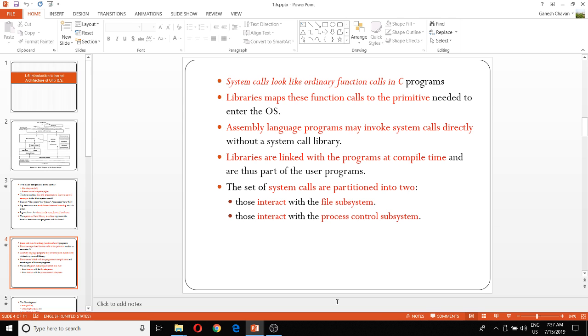Libraries basically map these function calls to primitives needed to enter into the operating system. Assembly language programs are basically used for invoking system calls directly without a system call library. Libraries are linked with the programs at compile time and are thus part of the user programs.